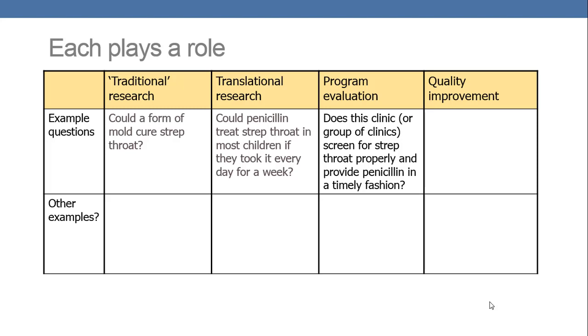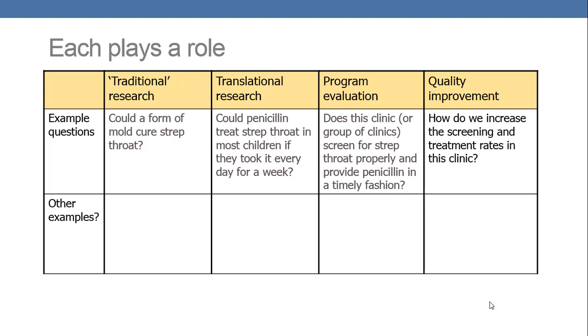It would say, presuming that the treatment is effective, does this clinic do a good job of screening for strep throat? Do they provide penicillin in a timely fashion? And maybe do the families comply enough with treatment that they're able to get to cure strep throat as the medicine is supposed to?